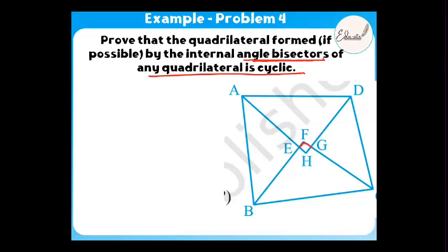Let's start with the first angle, FEH. Let it be FEH. If it's FEH, then what is it equal to? Any idea how we can do this? FEH is equal to what?